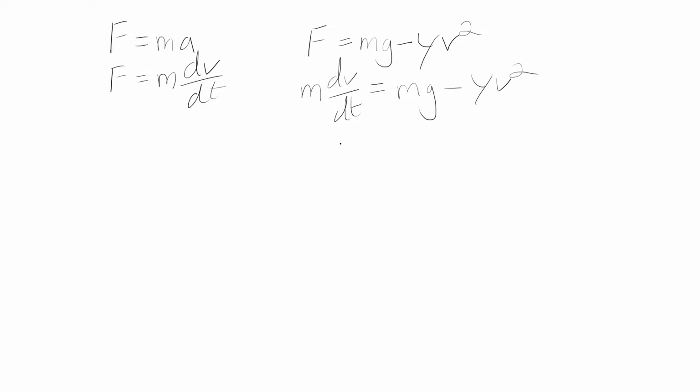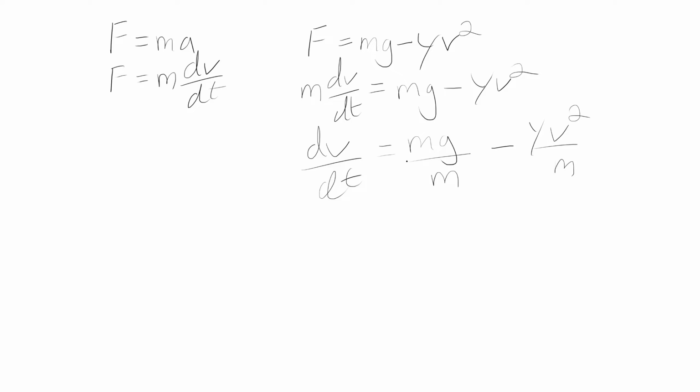Now let's divide both sides by m so we can actually get this in a differential format. dv over dt is equal to mg over m minus the drag coefficient times velocity squared, all divided by m as well. I'm just not very good at writing the symbol for the drag coefficient. Okay, so that's what we're looking at right now.